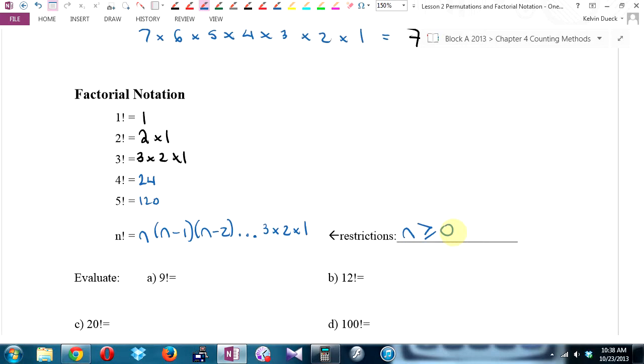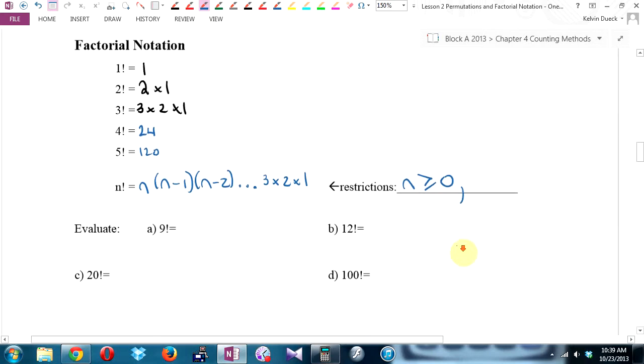There's one more restriction. Can you try 5.7 factorial? Get an error? Oh, can you have 5.7 letters to pick from? No. So we're stuck with whole numbers that are positive, including 0.